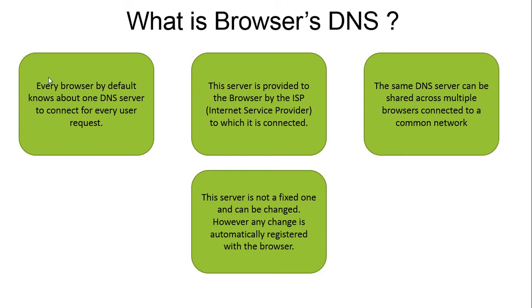So now this browser DNS can return an IP address to the browser for thisvideo.com, or it might not. We'll see in which cases it can return the IP address and in which cases it can't. But for now, let us assume that the browser's DNS does not have any idea about thisvideo.com and is unable to return the IP address. So what happens next?